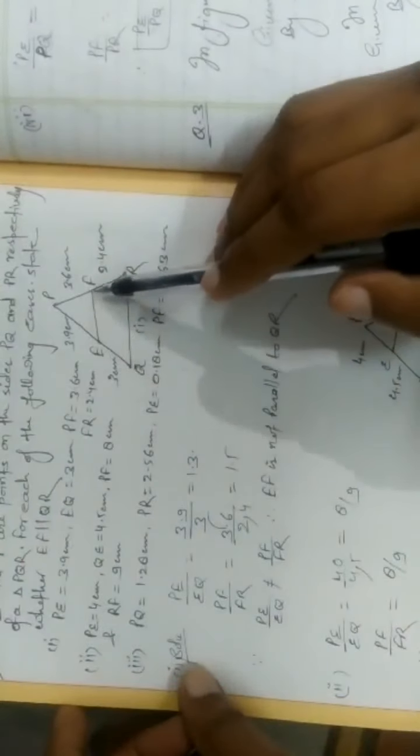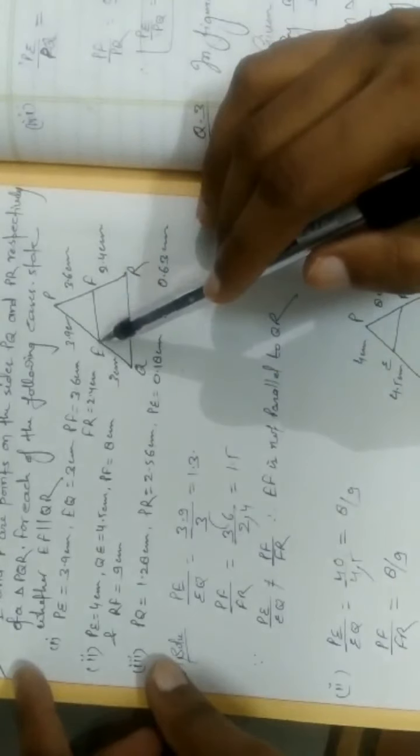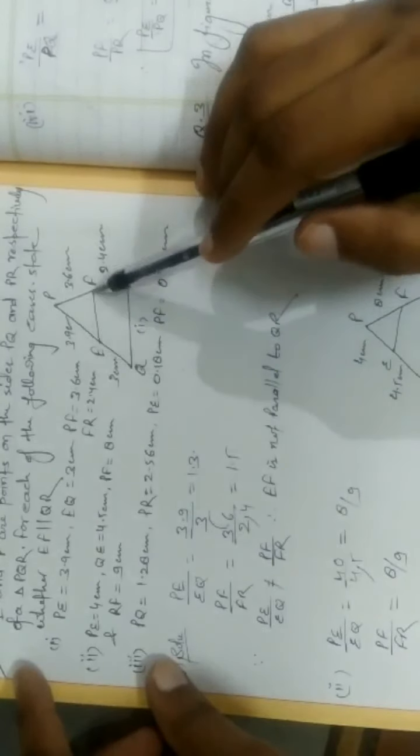Now I am telling you BPT also for a short while. What is BPT? BPT says that if line EF is parallel to QR and EF is intersecting PQ and PR at two distinct points E and F, then line EF will divide PQ and PR in the same ratio.